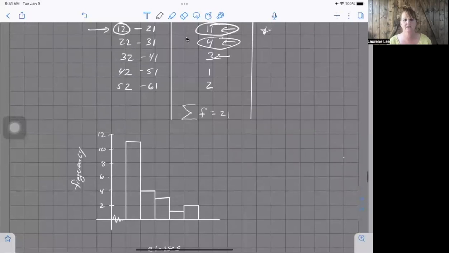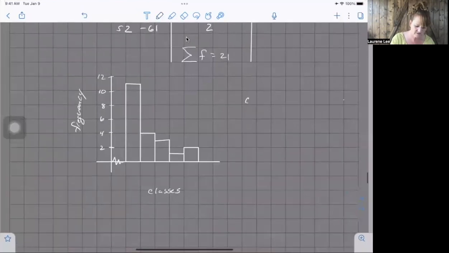Okay, and now let's talk about how to label the classes. There's 2 ways. One is using class boundaries. The class boundaries are going to be 0.5 on either direction of the class width.